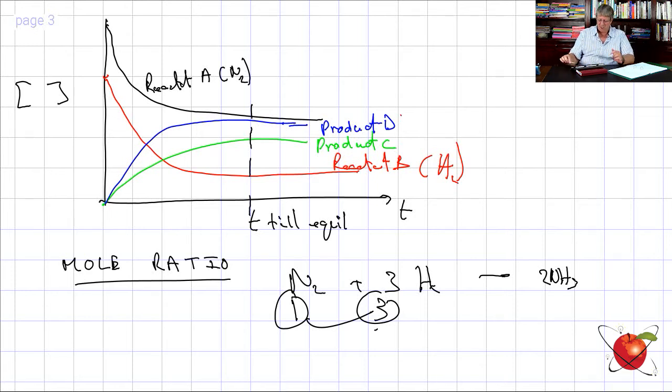So you obviously would start with about 3 times the amount of nitrogen. For every cup of nitrogen, you're going to take 3 cups of hydrogen. So you want to make sure you've got enough. Otherwise, if one of them goes to 0, it is a limiting reactant, limiting reagent.